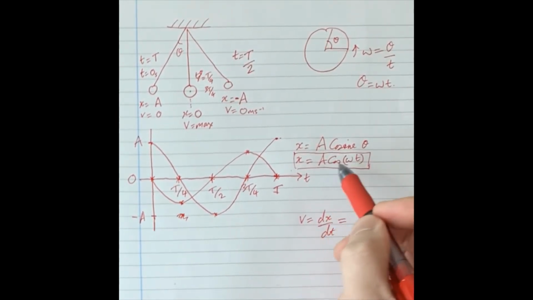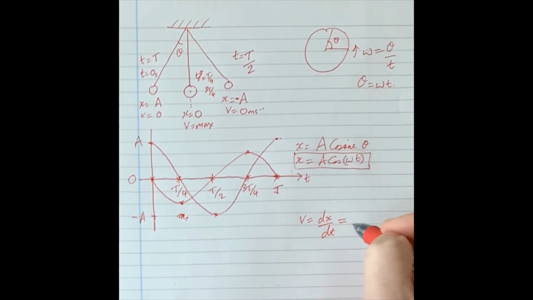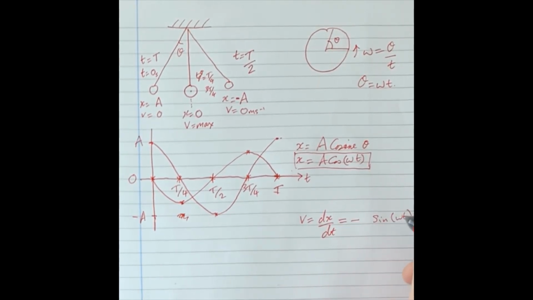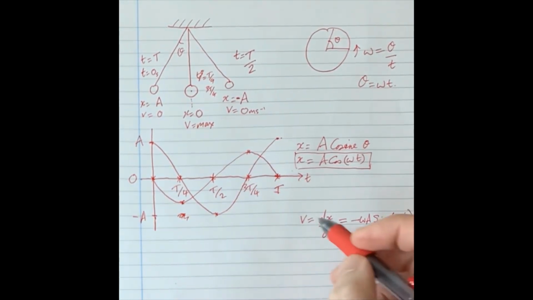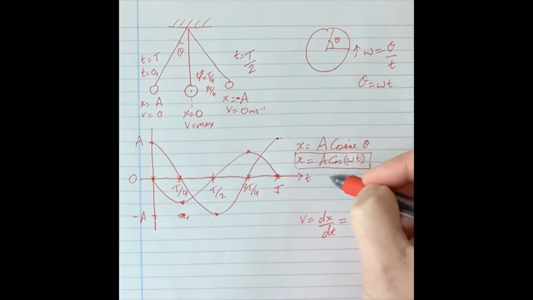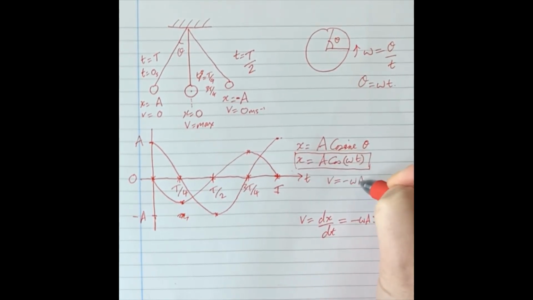And not turning this into a maths lesson, but what happens is cosine becomes negative sine, omega t, but we also have to differentiate with respect to t, so you pull out omega as a constant, so you would have omega a. So v is equal to minus omega a sine omega t, and that's describing this wave. So just as a little standalone, I'll write it there: minus omega a sine omega t.